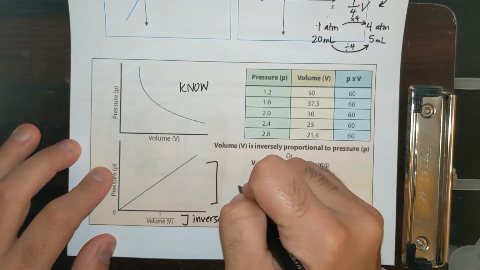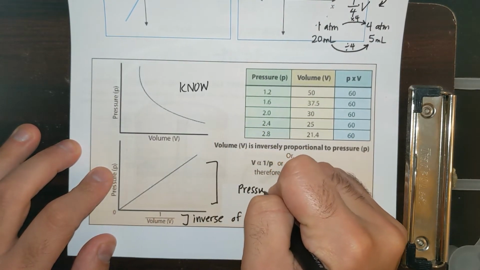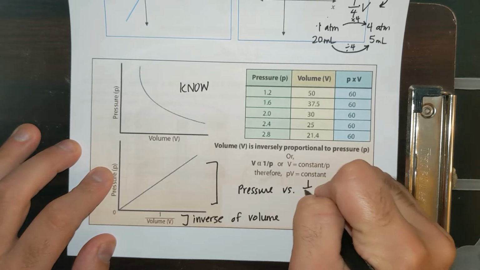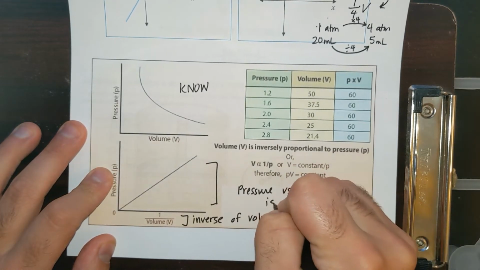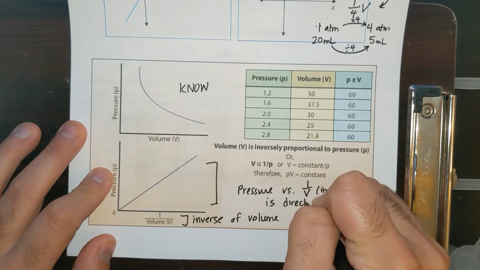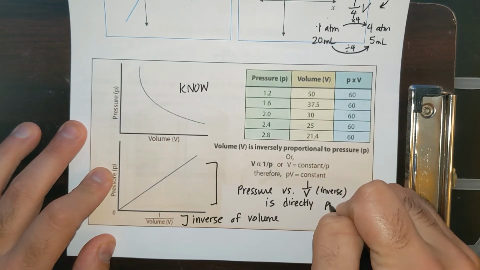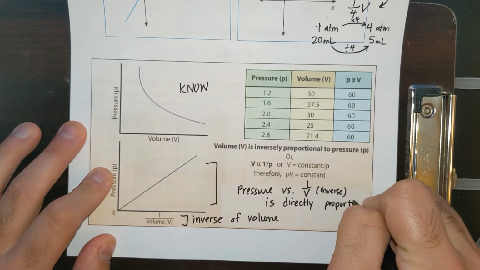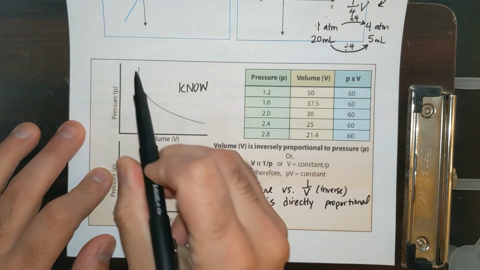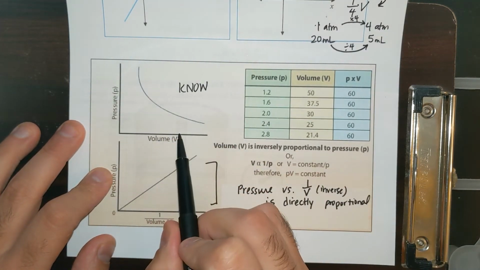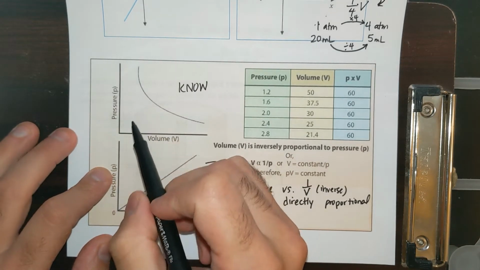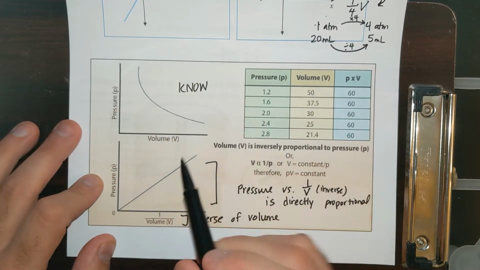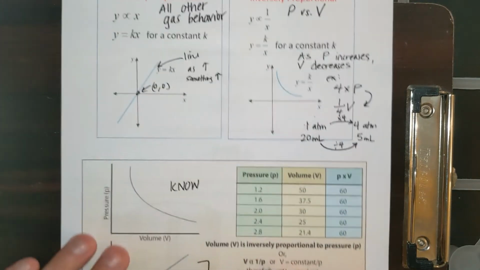What this graph is saying is pressure versus 1 over volume, which is the inverse of volume, is directly proportional. So it's taking this graph and changing all of the volumes to 1 over volume, or the inverse of volume, and it's a straight line. So you're going to have to recognize this graph, okay?